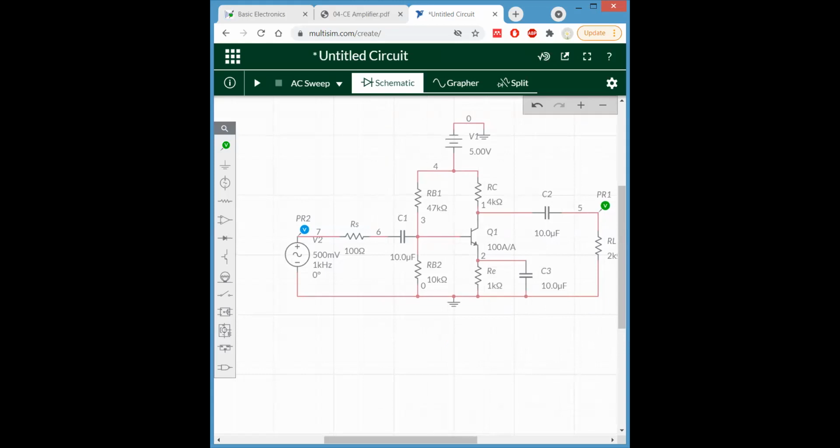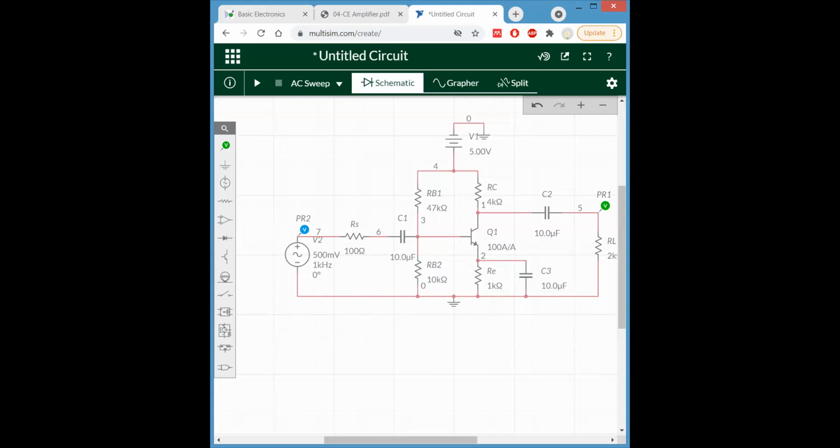Okay, so we have considered RB1 47. The source voltage is 50 millivolt, 1 kilohertz frequency, and changing from 50 hertz in regular steps. Then RS value is 100 ohm. RC is 4K. Emitter RE is 1K.